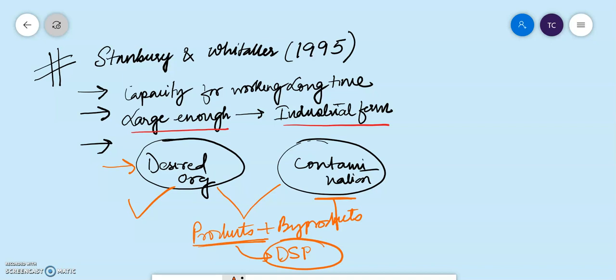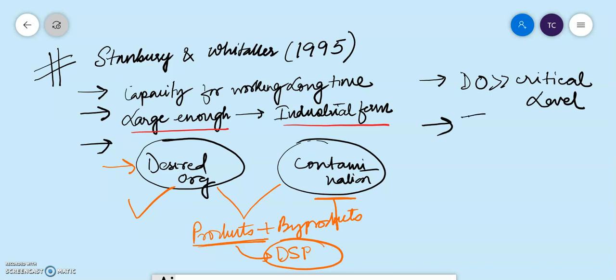Now this is one point. Next, the desired oxygen level must be maintained above the critical level of aeration and culture agitation. Next, it must have a system to regulate temperature and agitation.